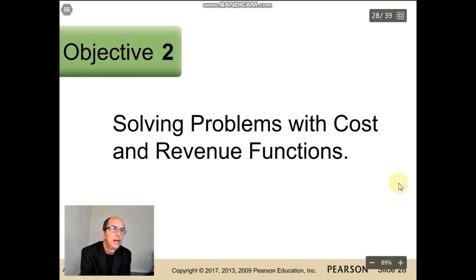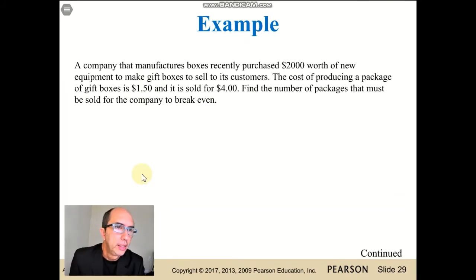Let's see, and now we have a new objective: to solve problems with costs and revenue functions. Now let's read and reread this new example, understand, and then we go to the next step.